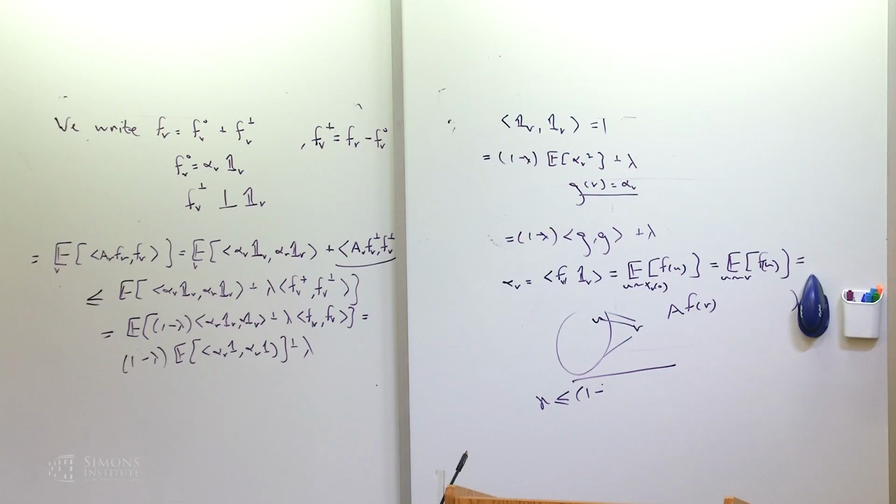So what we get is our bound: any non-trivial eigenvalue must be less or equal to this.